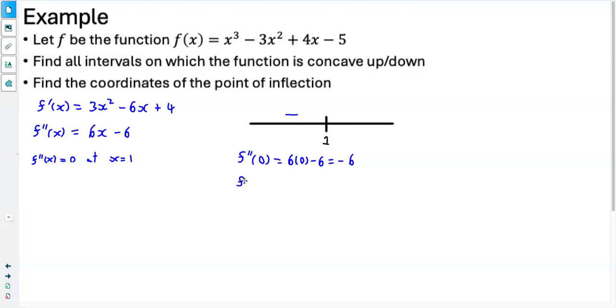And then if we have f double prime of this side, so I'd say 2, 6 times 2 minus 6 gives me positive 6. So that's a positive value, so we can see it's positive on this side.